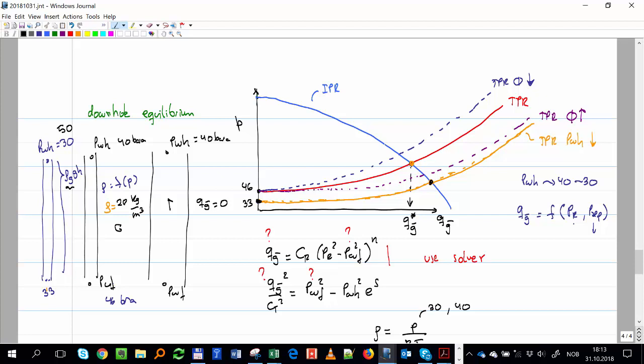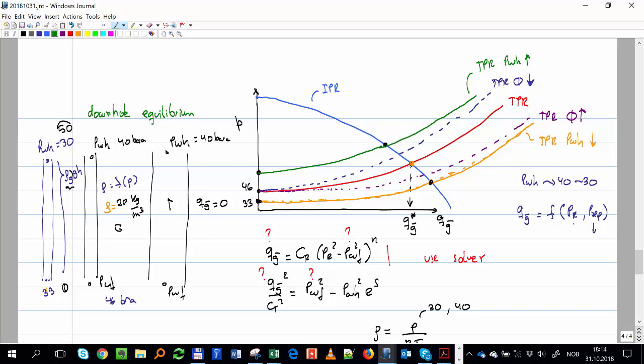So the intersection will be somewhere here, and this origin will also be bigger, because you have a bigger pressure at the top, a bigger density, so you have an even bigger pressure at the bottom. So the curve for increasing wellhead pressure will be something like that. That will be the TPR for increased wellhead pressure.